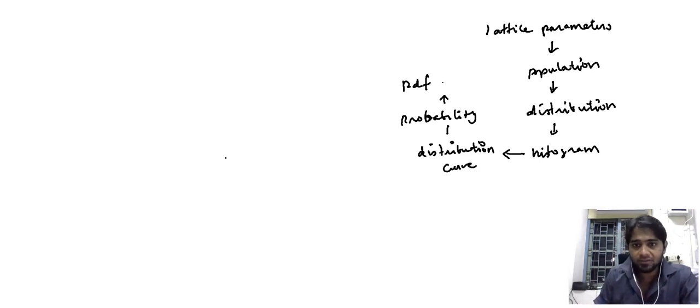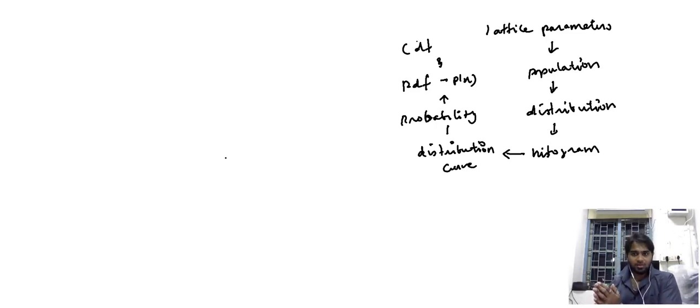So this is a function of x, and from this we were also able to arrive at the cumulative density function. So from a population of a single independent variable, we are now able to describe the probability density function and the cumulative density function.